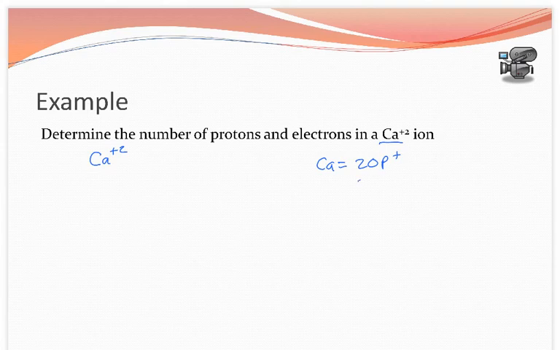Now, if it was neutral, we'd have 20 electrons, right? But this is not neutral. It has a positive 2 charge. What the positive 2 charge is saying is that we lost 2 electrons, right? Because when we lose electrons, we lose negative charge and we become more positive. So in this case, it's 20 minus 2 electrons. So we have 18 electrons and 20 protons.